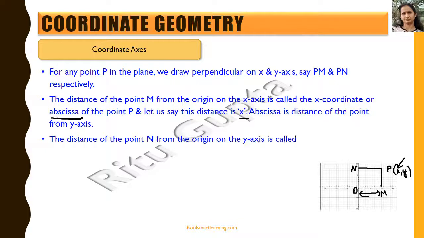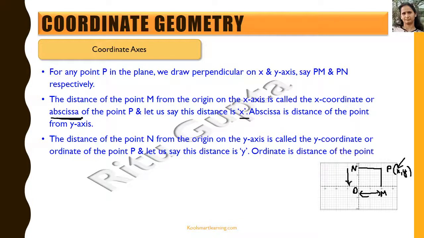The distance of point N from the origin, which is ON, is called the y coordinate or ordinate of the point P, and we represent it by y. This ordinate is the distance of the point P from the x-axis. The distance of the point from the x-axis is called ordinate, and the distance of the point from the y-axis is called abscissa.